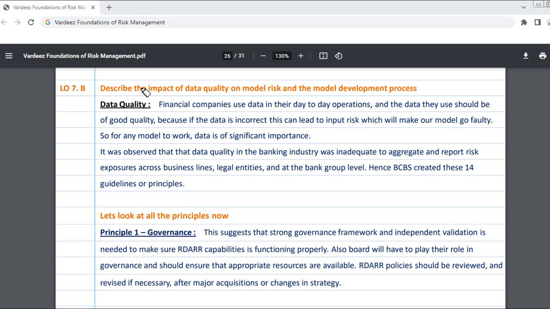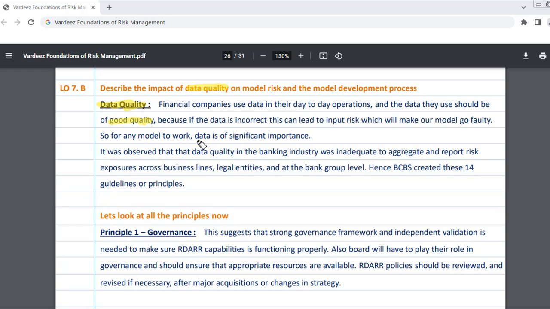Alright, moving on, describe the impact of data quality on model risk and model development process. Now when we're talking about effective risk analysis, the risk analysis is effective only when we have good quality data. So the data quality plays a very important role. This actually supports effective risk management. Financial companies use data in their day-to-day operations, and they create and use different models, and the data that they use should be of good quality.